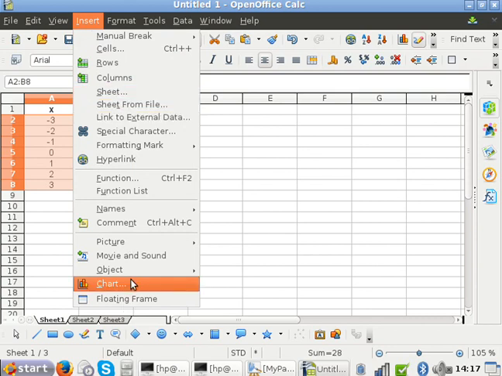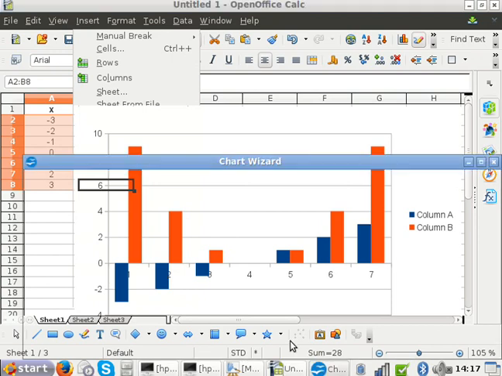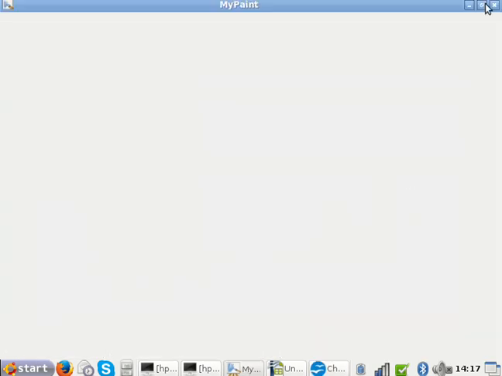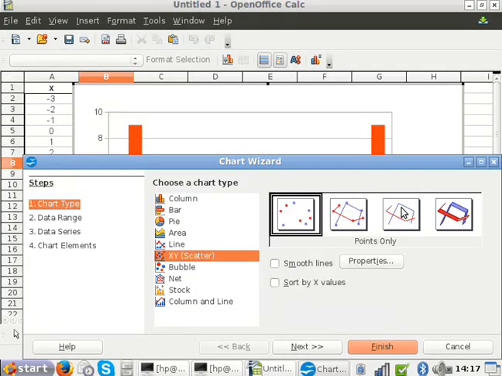Insert chart. So I don't need my writing pad. So I can close you. Now, let me just draw this here for you.